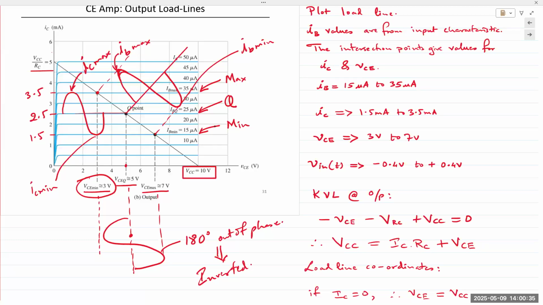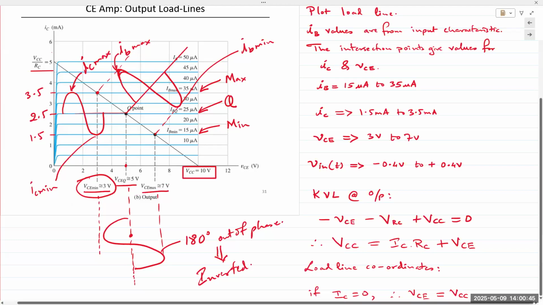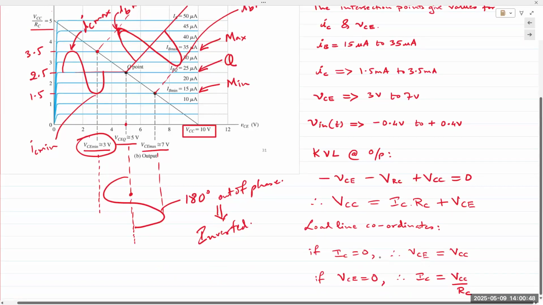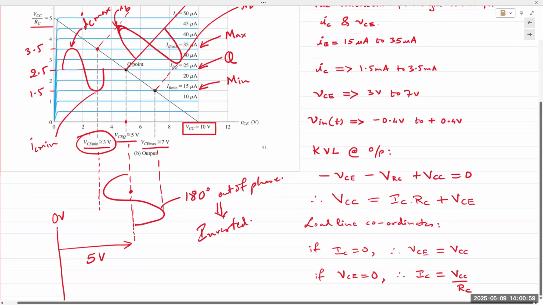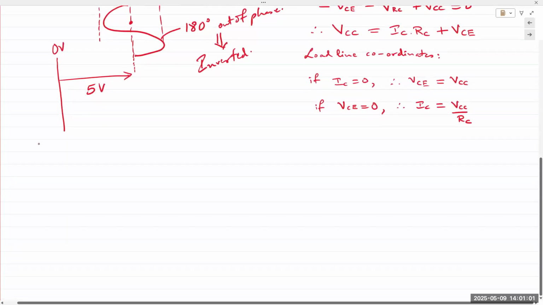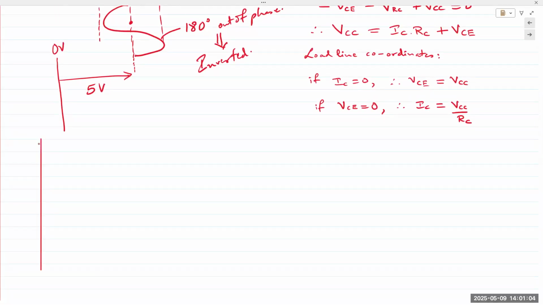Plus, there is a DC component added on. If you look at this plot, your VCE, and this is, of course, sideways, your 0 is here. This is 0 volts, and this is 5 volts. So if I was to plot this, it would look something like this, the voltage.